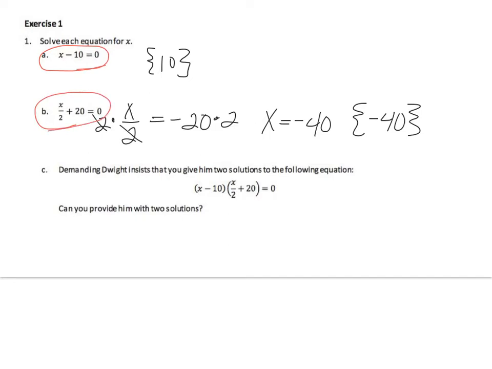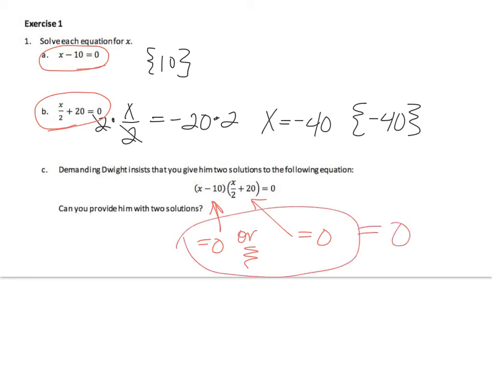And we said that if this equals 0, or if that equals 0, then the entire equation could in fact equal 0. It's true, right? So the two possible solutions, if I plugged in 10 to the equation or negative 40, then I would be correct.